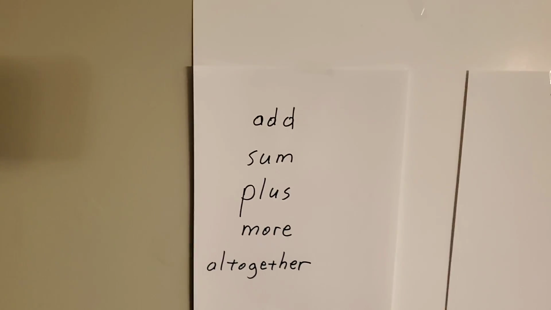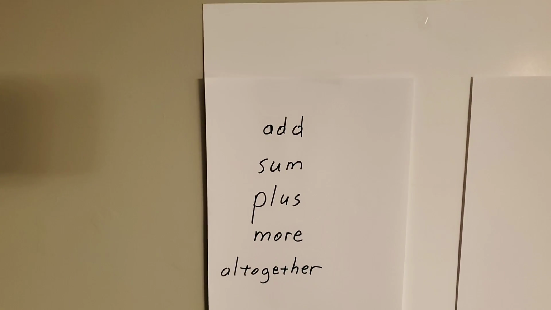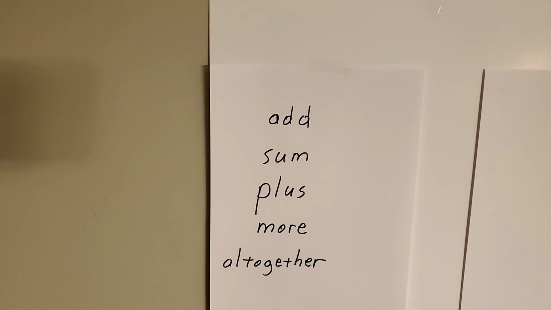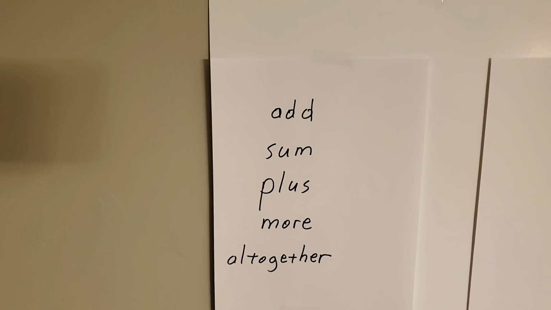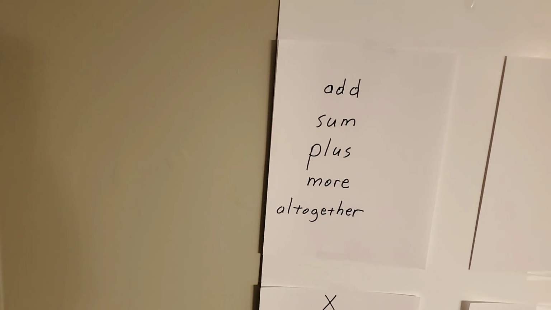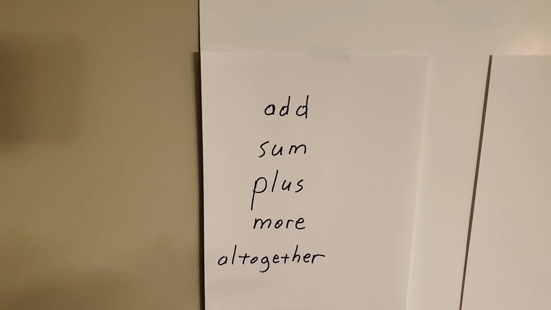So I want everybody to look at these 5 words: add, sum, plus, more, all together. When you look at these 5 words, what operation do you think of? They give you a clue of what you're going to do if you're reading a math sentence and you see these words.